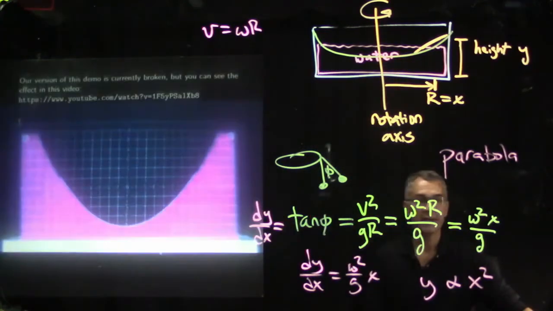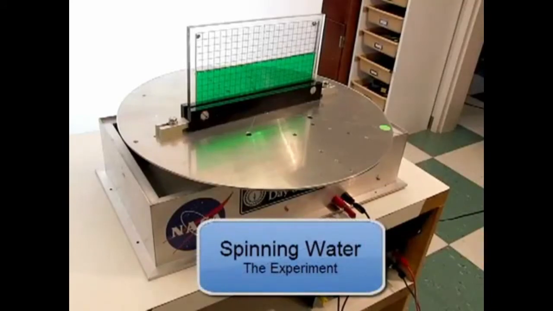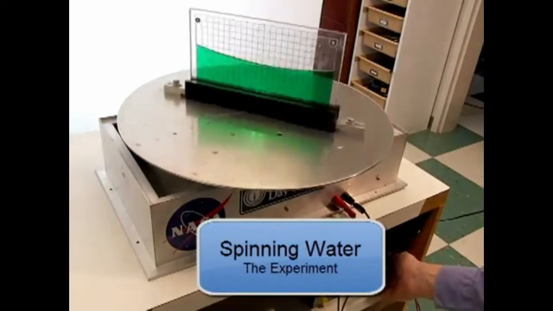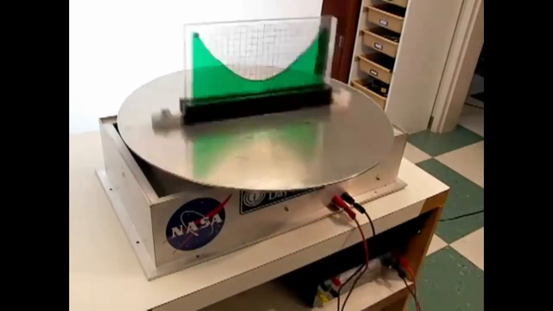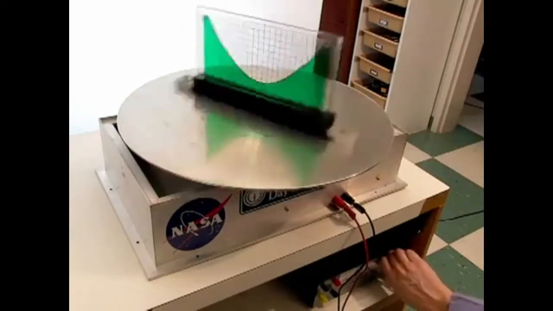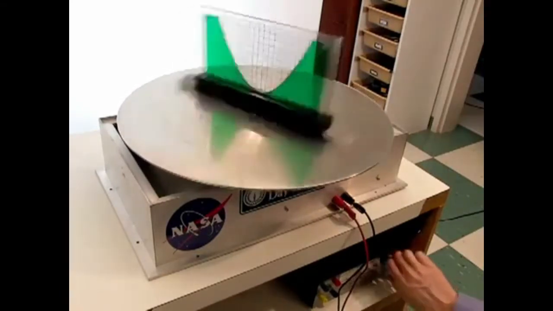We actually have a live demonstration version of this, but it's currently broken. So instead, you can look at this video version. Here is a turntable with a fluid accelerometer sitting on it. The fluid is water, made green with food coloring. The water is in a thin tank, a narrow wall of liquid, so we can easily see what happens to the water as it spins.